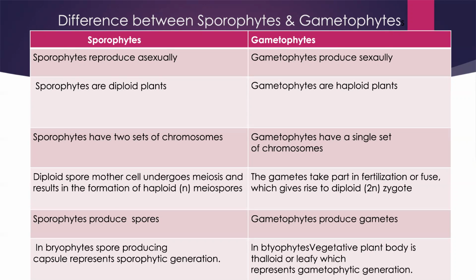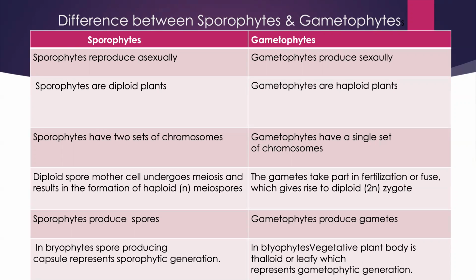Do you know the meiosis cell division? What happens in meiosis cell division? A diploid cell divides to form 4 haploid cells. That's why at the end of meiosis, 4 spores develop which are haploid, and these spores develop by the process of meiosis, so they are called meiospores.